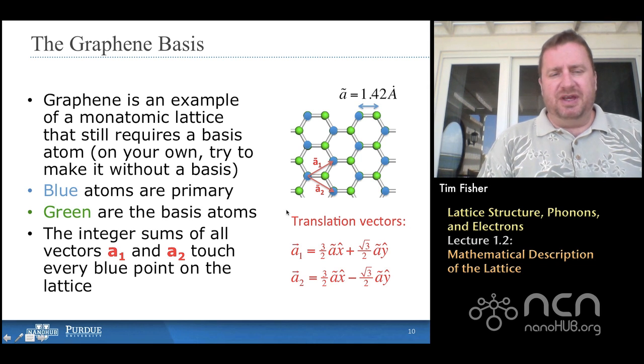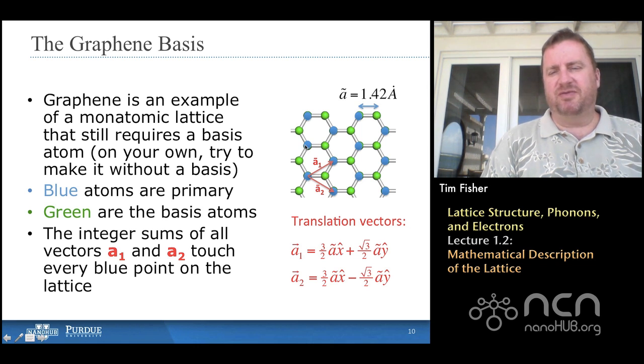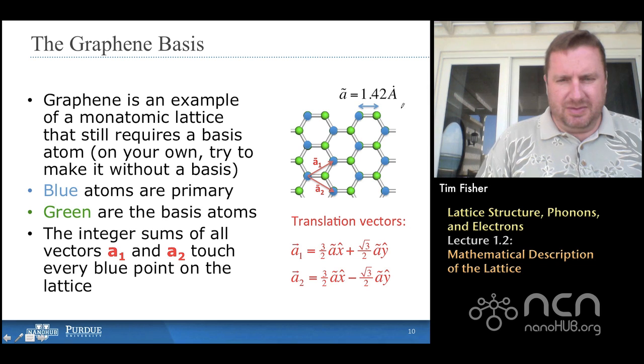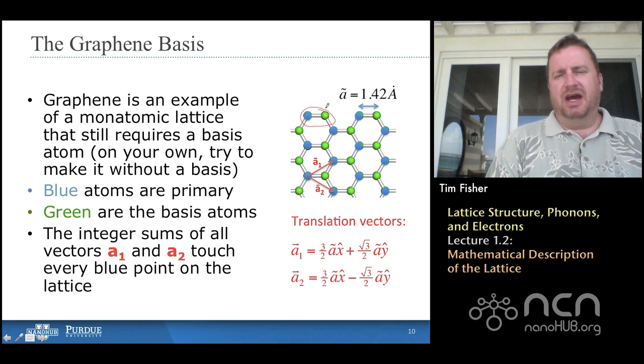Now, the green atoms: every blue atom has a green atom partner, and the green atoms are always to the right of the primary atom for that unit cell. So these are pairs that I'm showing. It's useful to draw these, and so these 2 are the primary and basis atom pairs, and those are repeated.